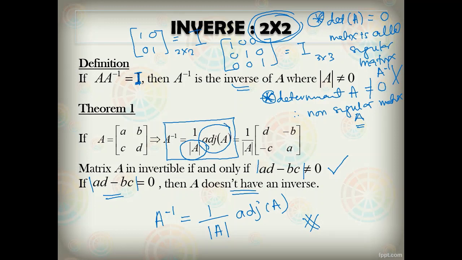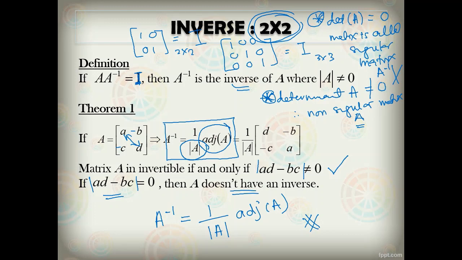You swap the position between A and D, and you multiply B and C by negative. Once again, you swap the position between A and D. So D becomes your first row, first column element, and A becomes the second row, second column element.